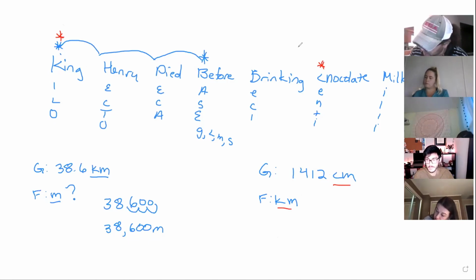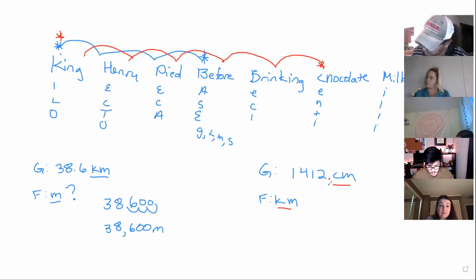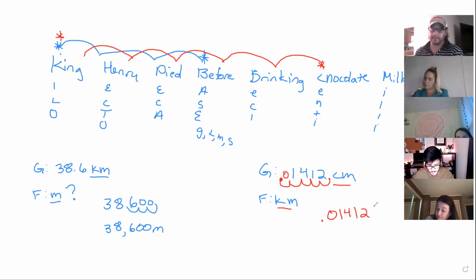And we figure out how many hops. We go 1, we have to go through the base, so 2, 3, 4, 5 hops to the left. Where is the decimal right now? It's sitting here. I'm going to move it 5 hops to the left: 1, 2, 3, 4, and 5. And we fill that in with a zero: 0.01412 kilometers.